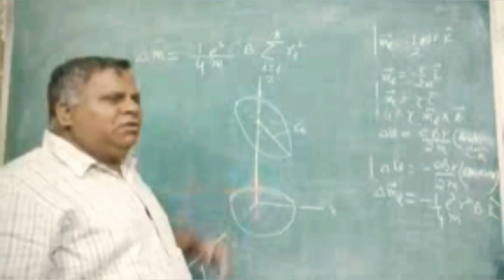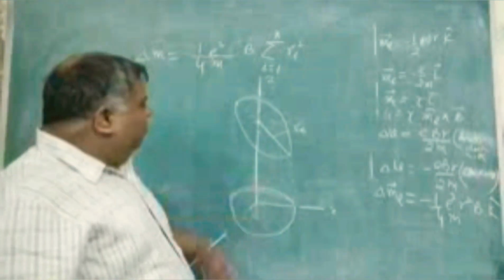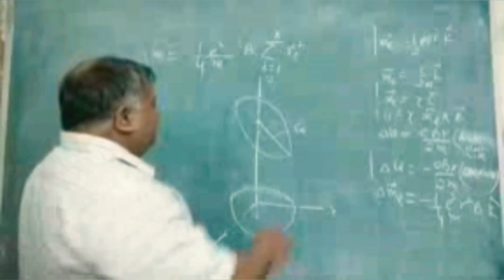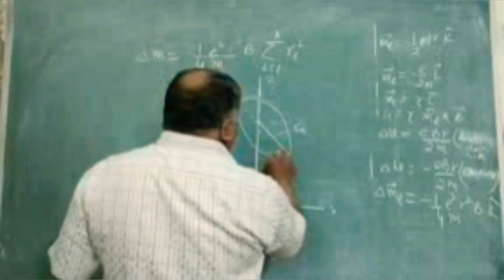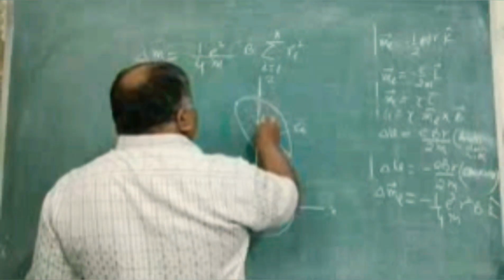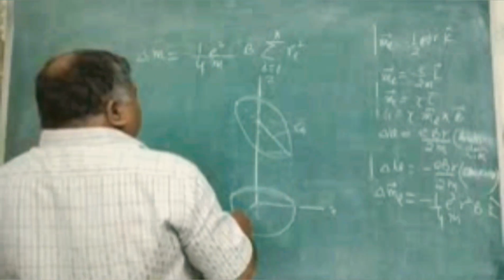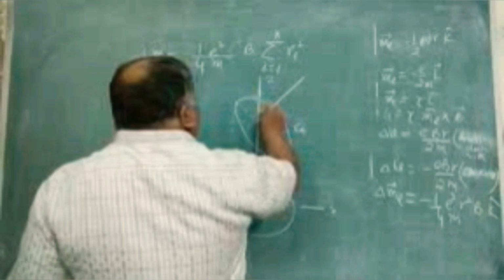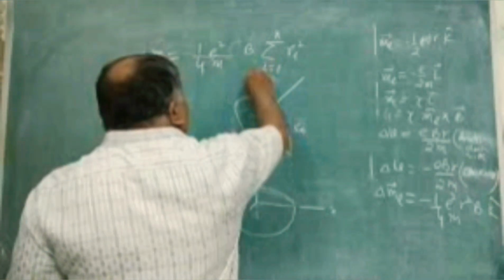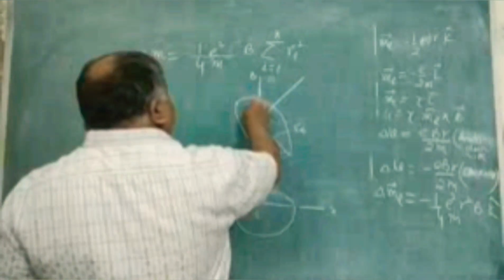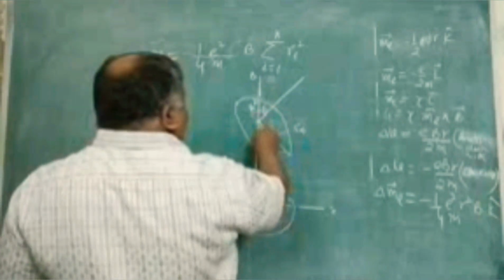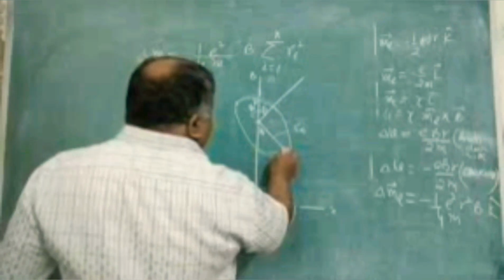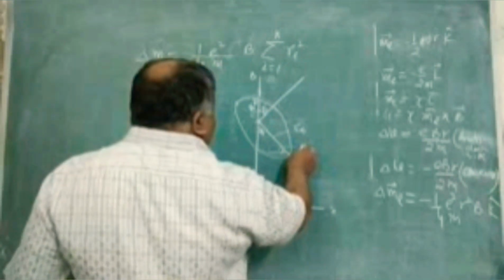So the projection of this plane is this, the radius of which will be, this is the angle, this is the direction of B, this is ML, this is 90 minus theta, and if we draw a perpendicular, this is theta.